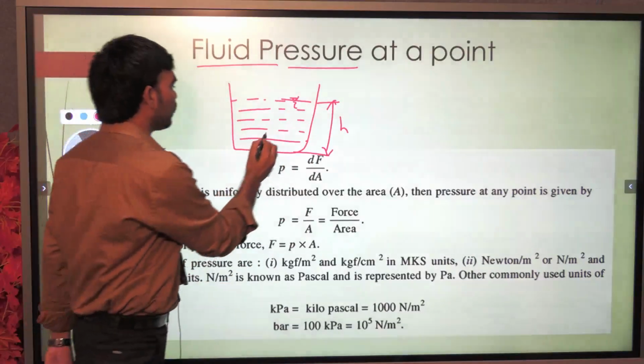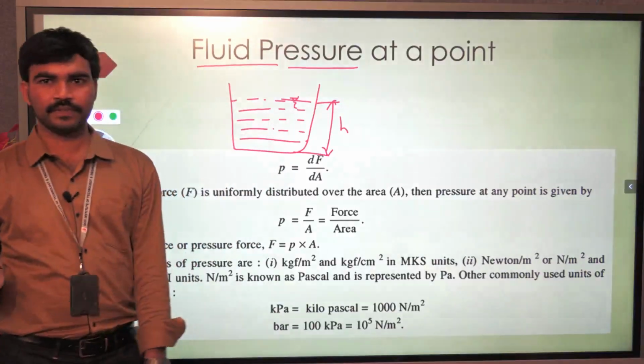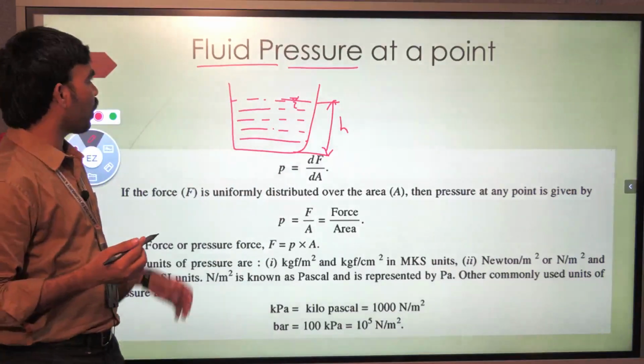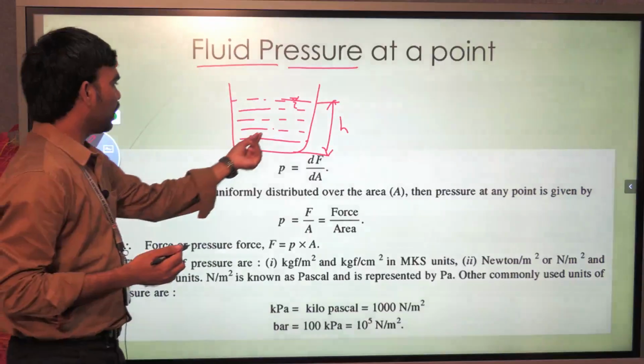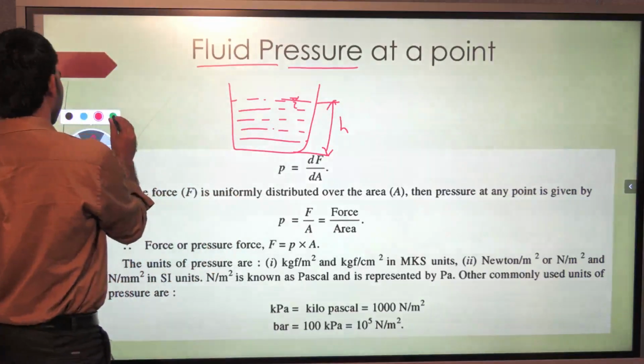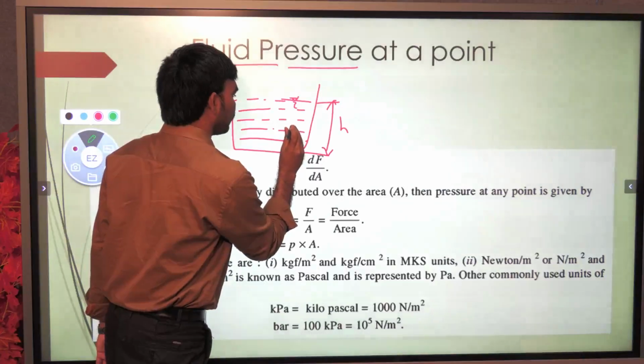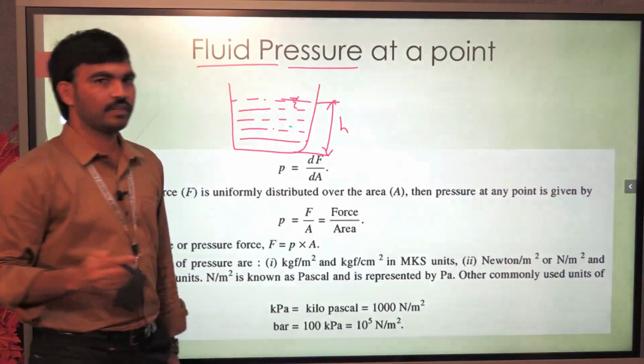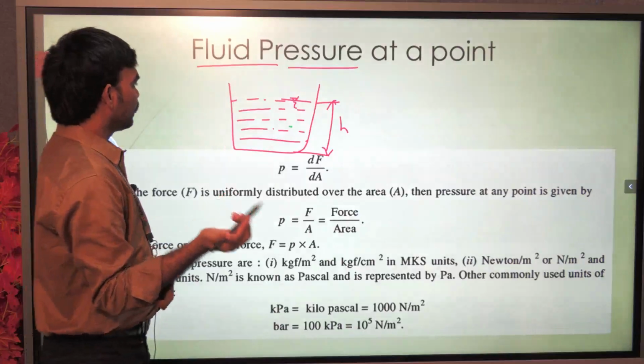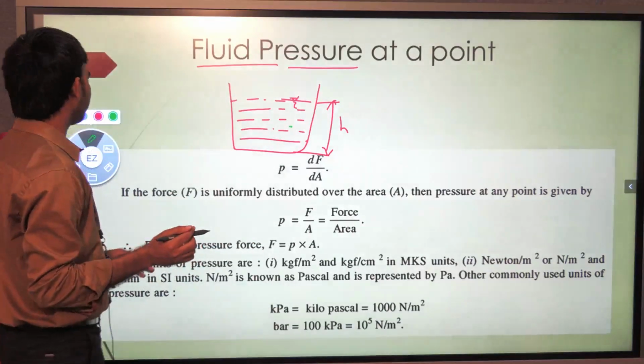Now, how will you measure pressure at any point? For example, you want to measure the pressure at this point. This is the point where I need the pressure. So, how to measure it? That we will discuss here.